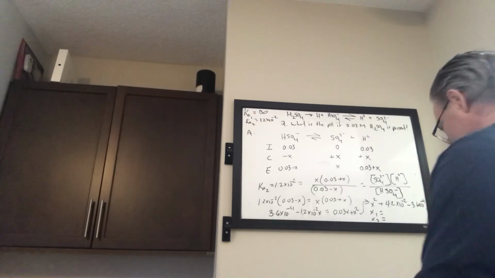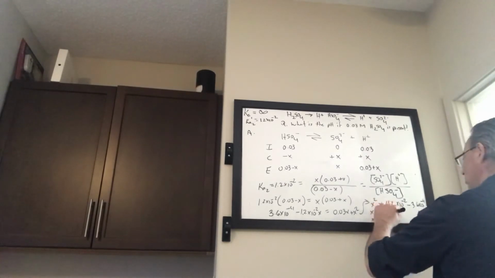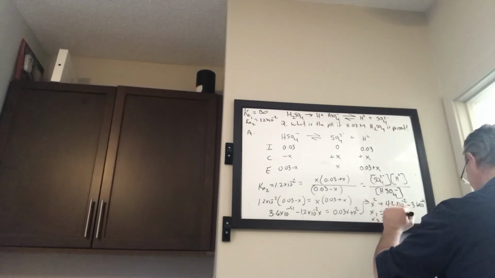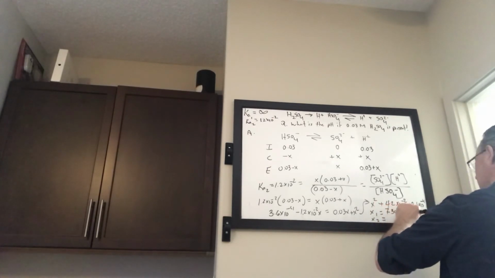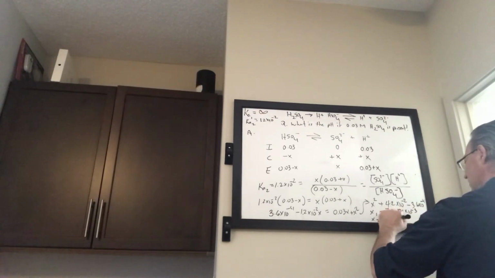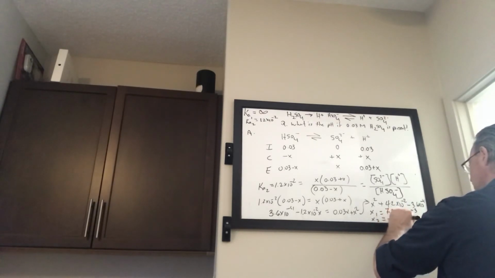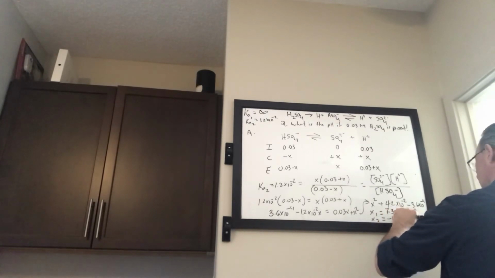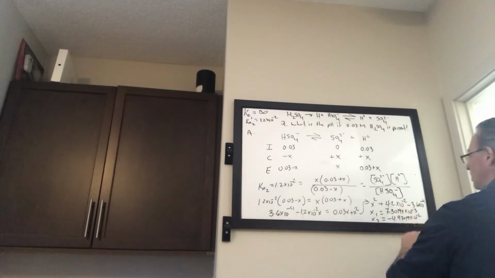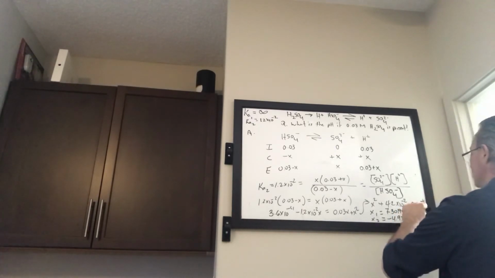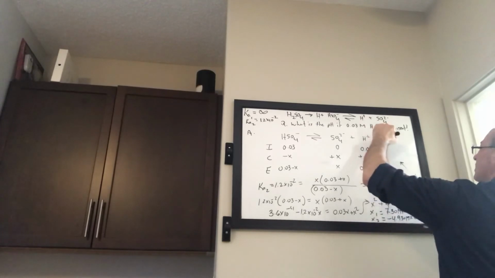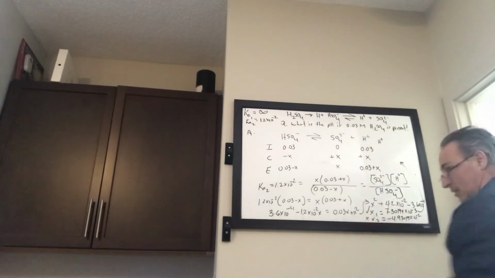When you enter all that, you get x values of 7.30194 times 10 to the negative 3 and negative 4.93019 times 10 to the negative 2. So the H plus concentration is based on this one, not that one.